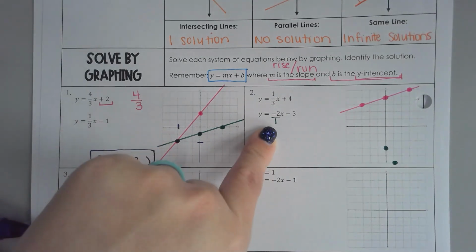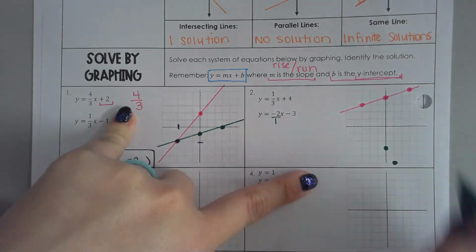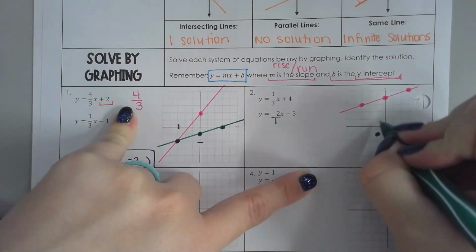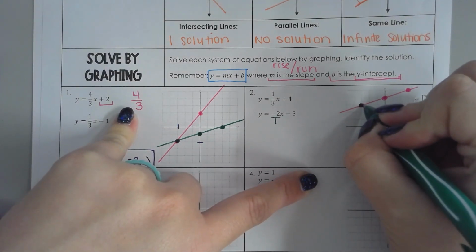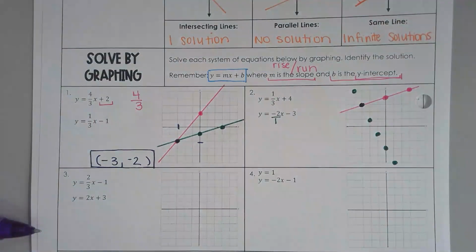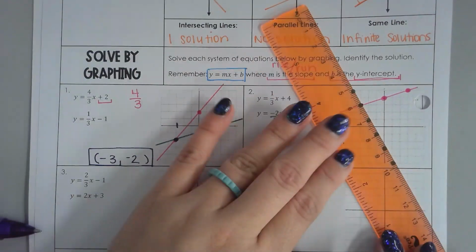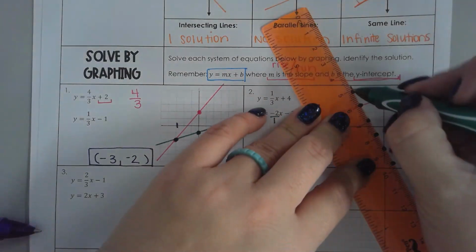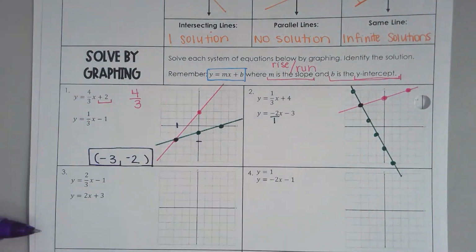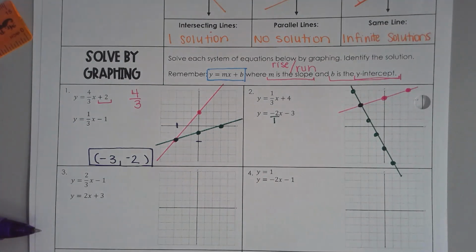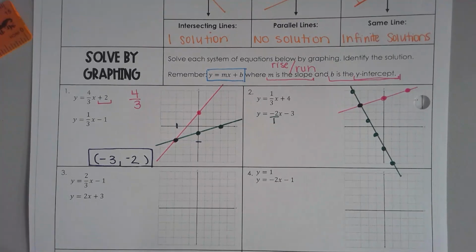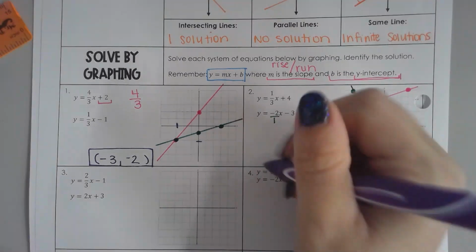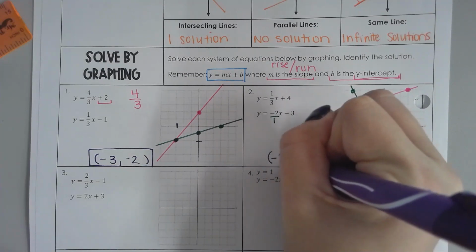Or I could go opposite and go up 2 and left 1. Did those two lines cross? Yes, they did. And what is that point where they cross, Danica? -3, 3.